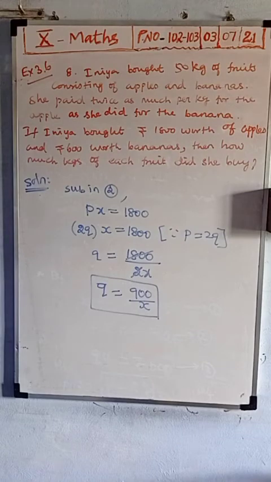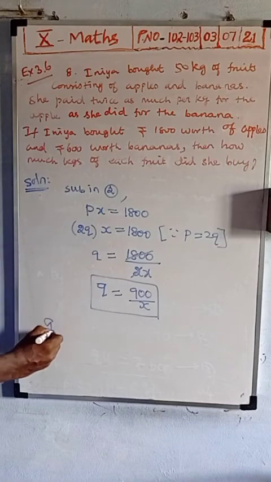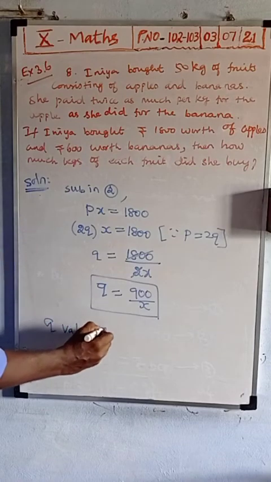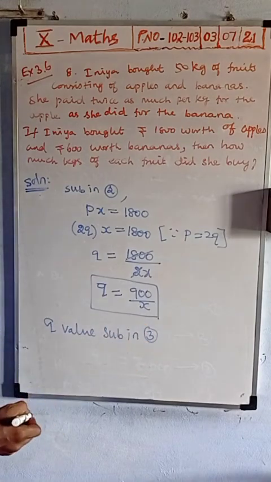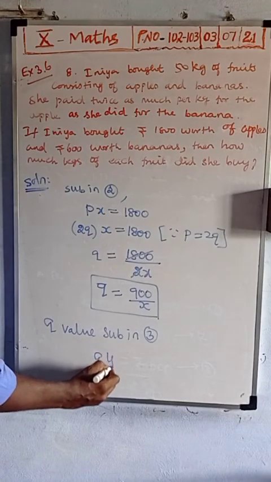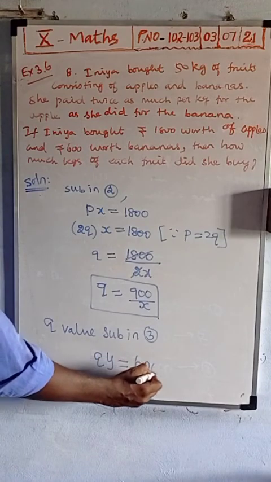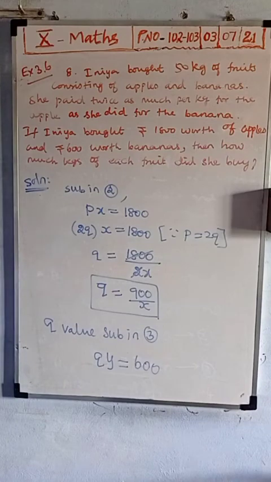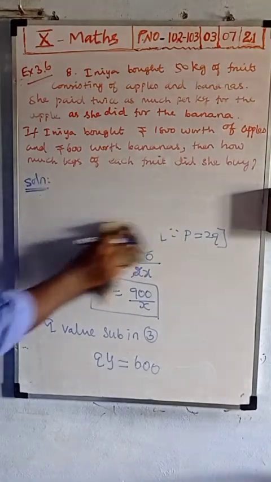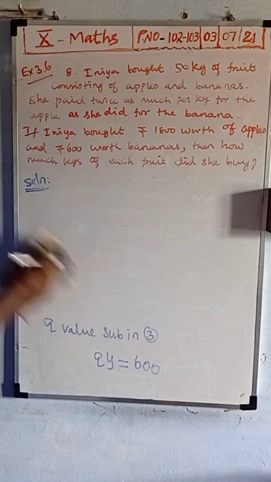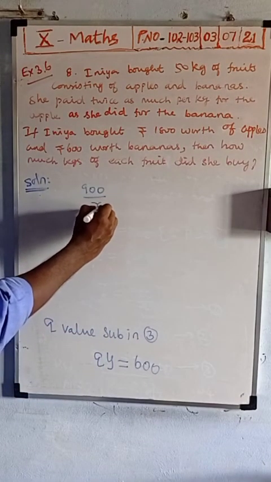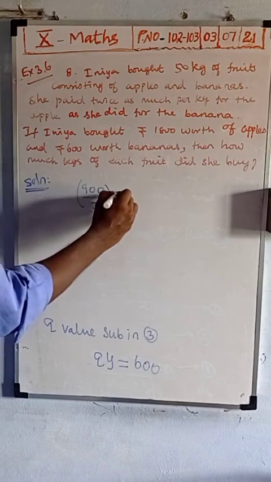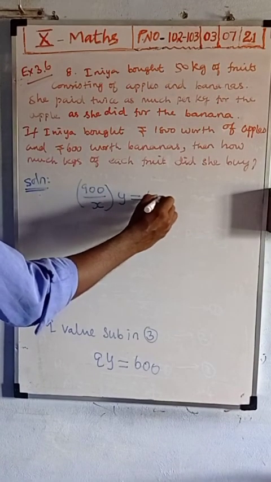Now substitute that q value in equation 3. Equation 3 is qy is equal to 600. So instead of q, substitute 900 divided by x, so 900 by x times y is equal to 600.